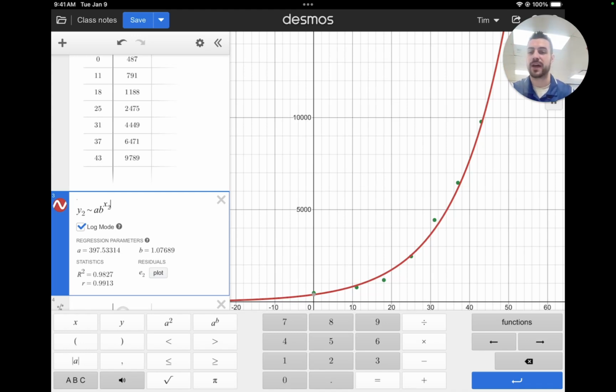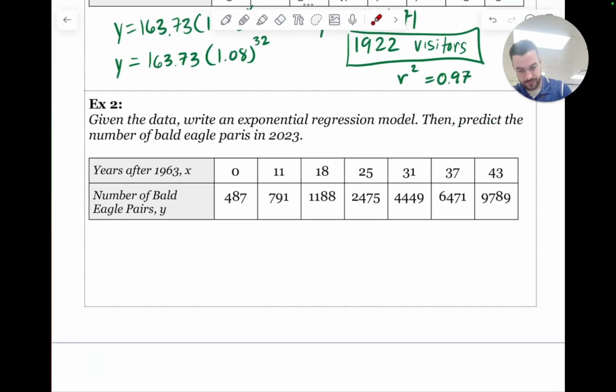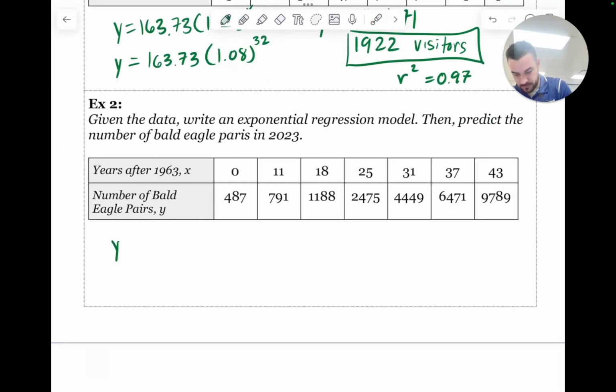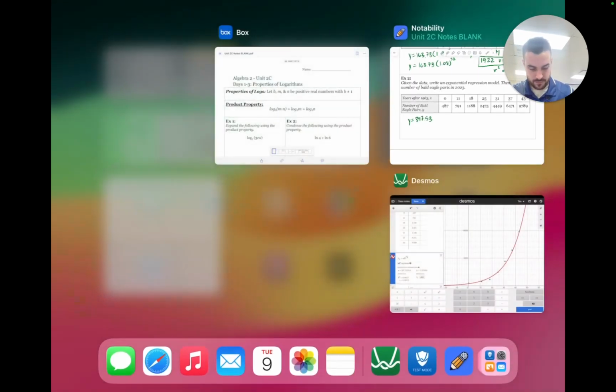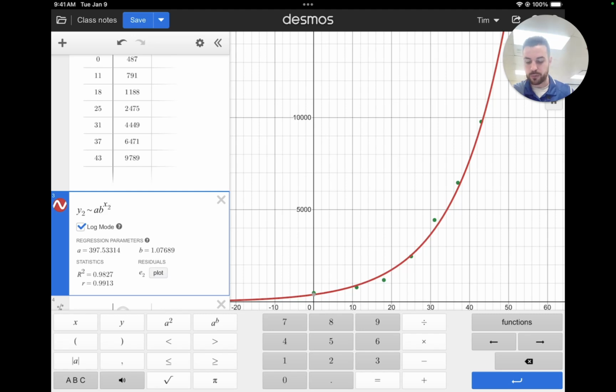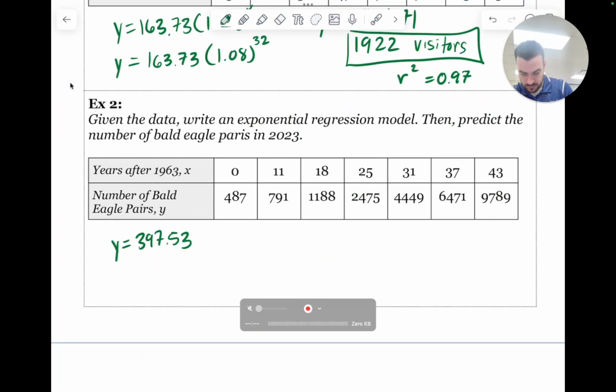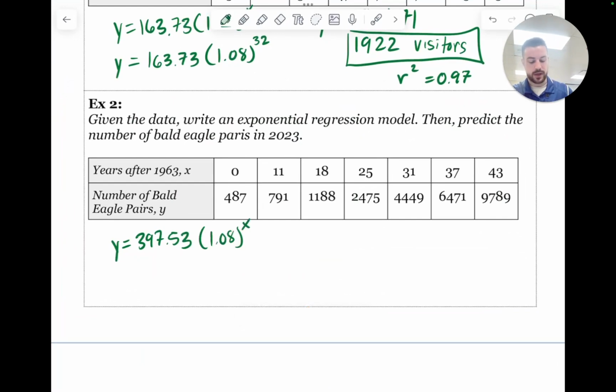So we've got an a value of 397.53. Our b value is 1.08 once again, to the x power.